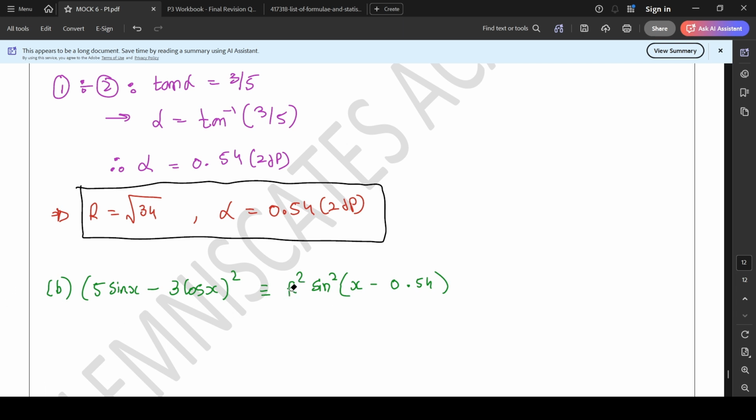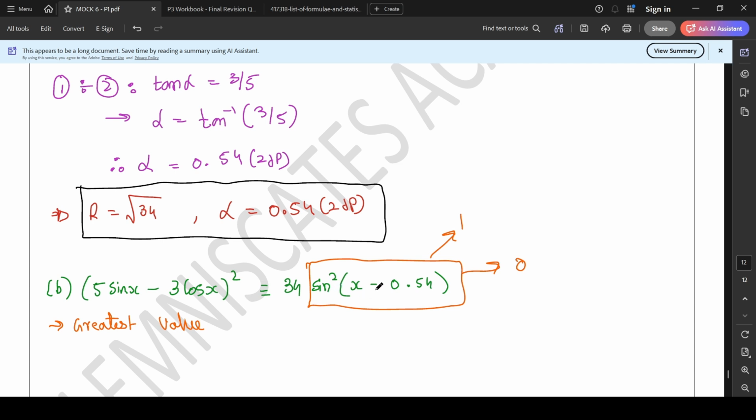Let me just write r square as square root of 34 square, which is 34. Now I can say that the greatest value is when my sin square x is greatest at 1, least at 0.